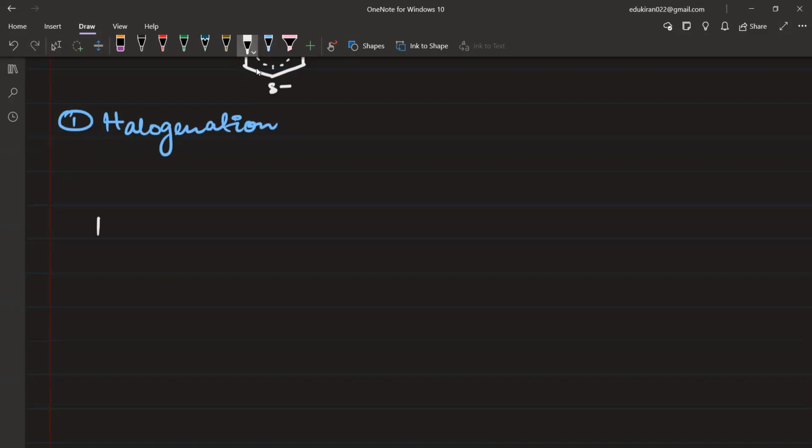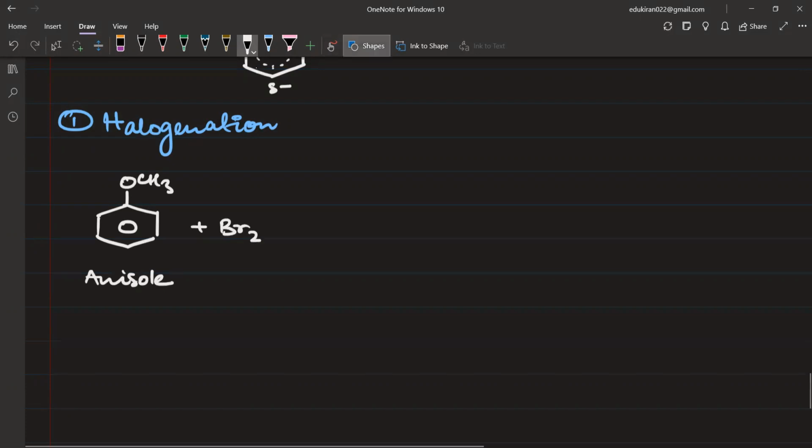This is anisole, plus Br2, and here we use acetic acid. Acetic acid is a solvent. It does not have anything to do with the reaction. It's just a solvent because anisoles are more soluble in acetic acid. That's why we use it.